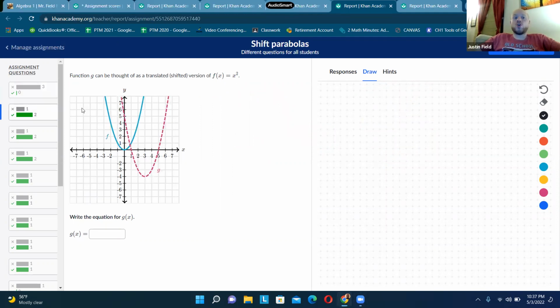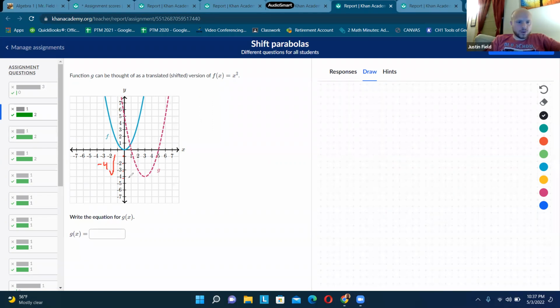So let's see if we can find the left-right shift. Maybe 2 shifts. All right. So this one we're going down 1, 2, 3, 4. So down 4. We're also going over 1, 2, 3, plus 3.